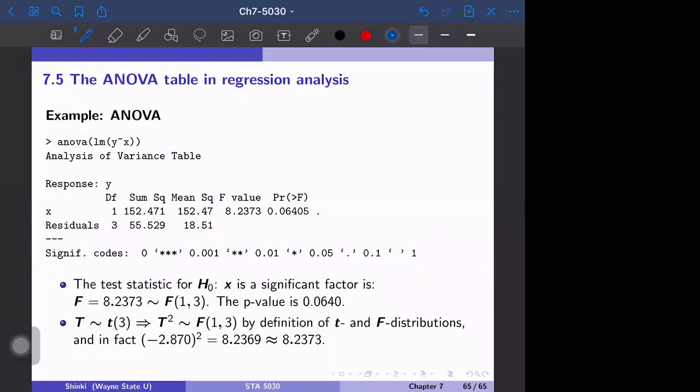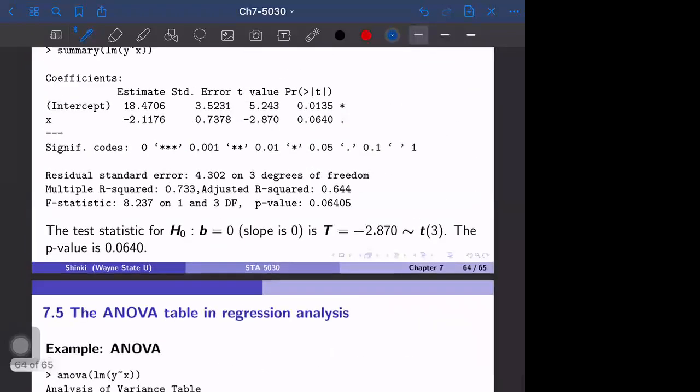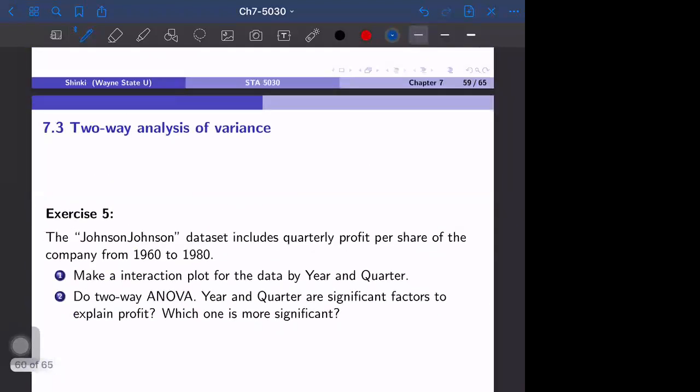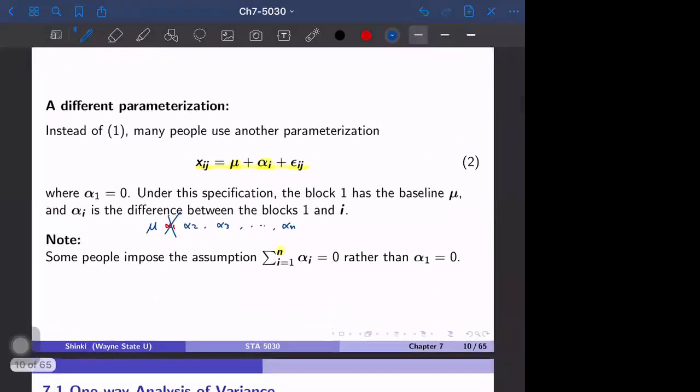And sometimes we don't assume alpha 1 is equal to 0, but instead we assume the summation is equal to 0.